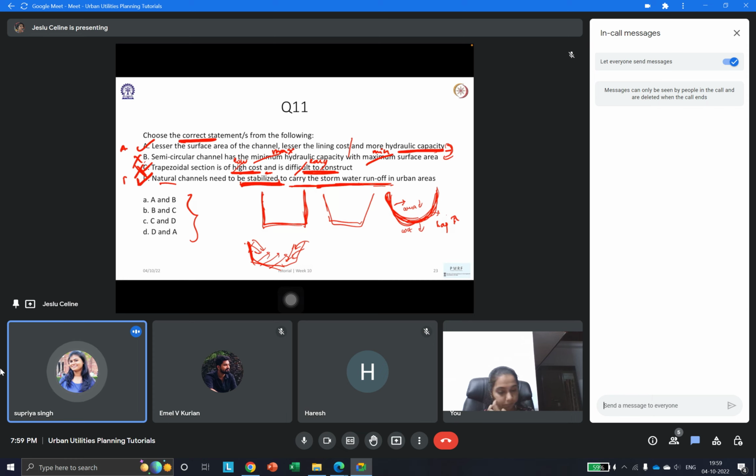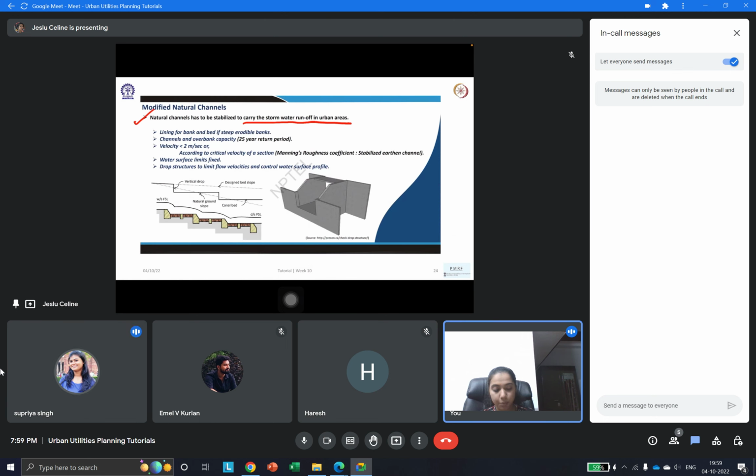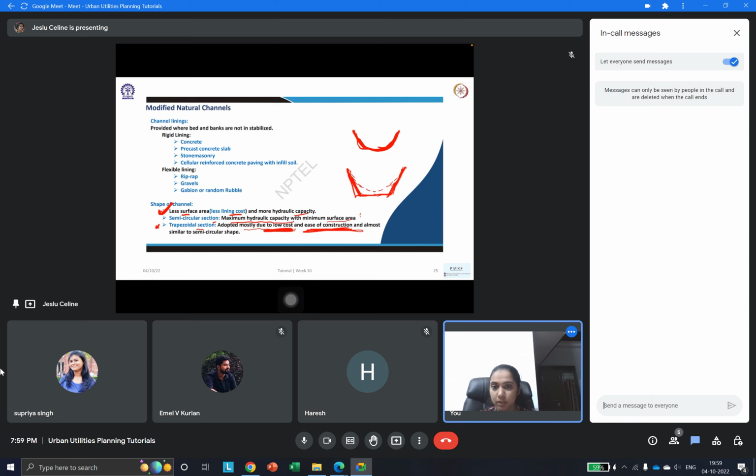Let's reason out why the cost is low. Compared to a rectangular section, maybe, but if you are comparing it with a semicircular section, the ease of construction is much easier for a trapezoidal section because you just need to keep the mold in such a way, if it's an RCC channel that you're using.